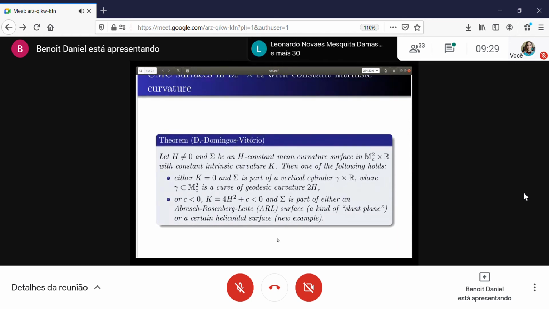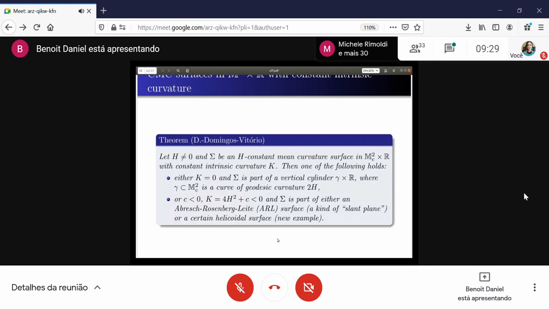So I consider H different from 0, and sigma an H-CMC surface in M2 cross R with constant intrinsic curvature K. Then we have only three examples. The first case is K equals 0, and sigma is part of a vertical cylinder.